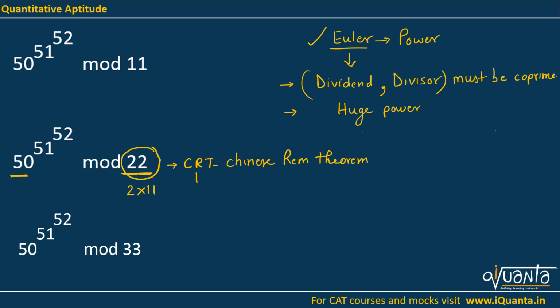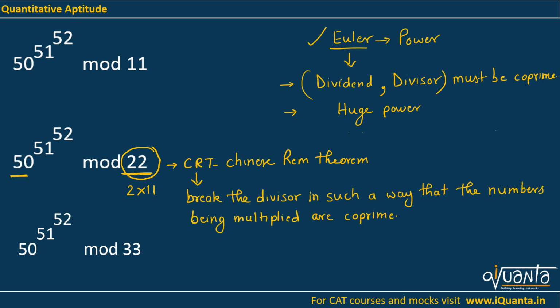Now in CRT, you have to break the divisor in such a way that the numbers being multiplied are coprime. What does this mean? I just broke this 22 into 2 into 11. So here 2 and 11 are coprime. That means yes, I have broken the divisor into product of two numbers which are coprime. So then I'll be moving forward.